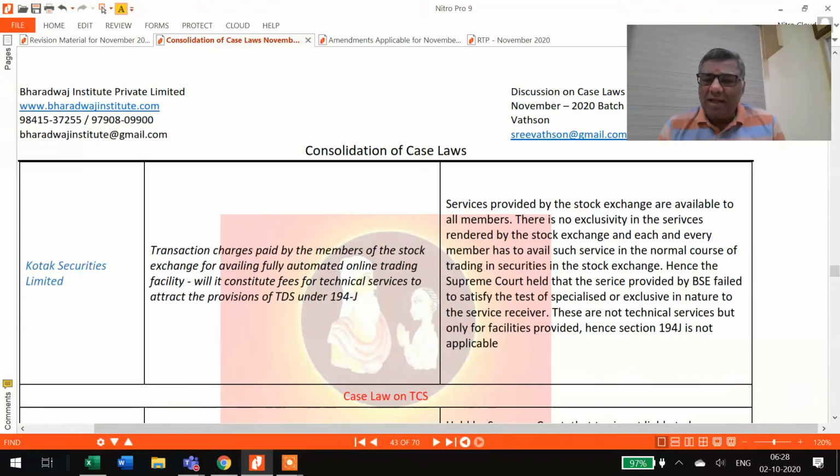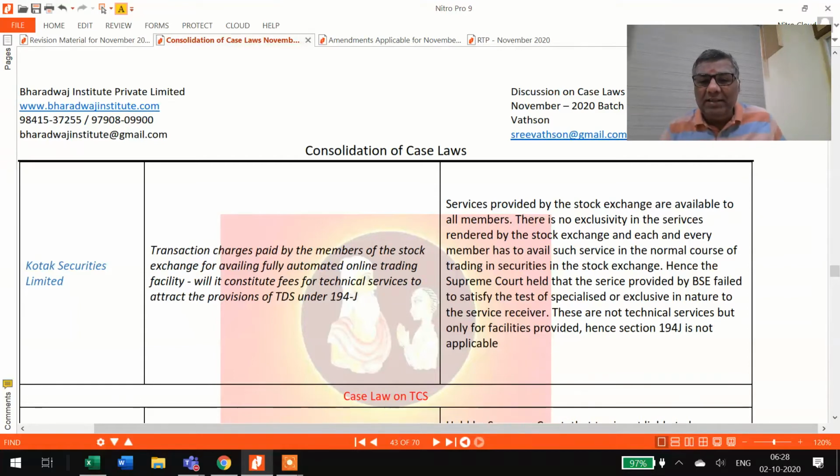Transaction paid by members of a stock exchange for availing automated online trading facility. Will it constitute fees for technical service and attract provisions of TDS under 194J? It is specialized, but I am not doing it for one person. I have that ready and whoever wanted can use it. So it cannot be.